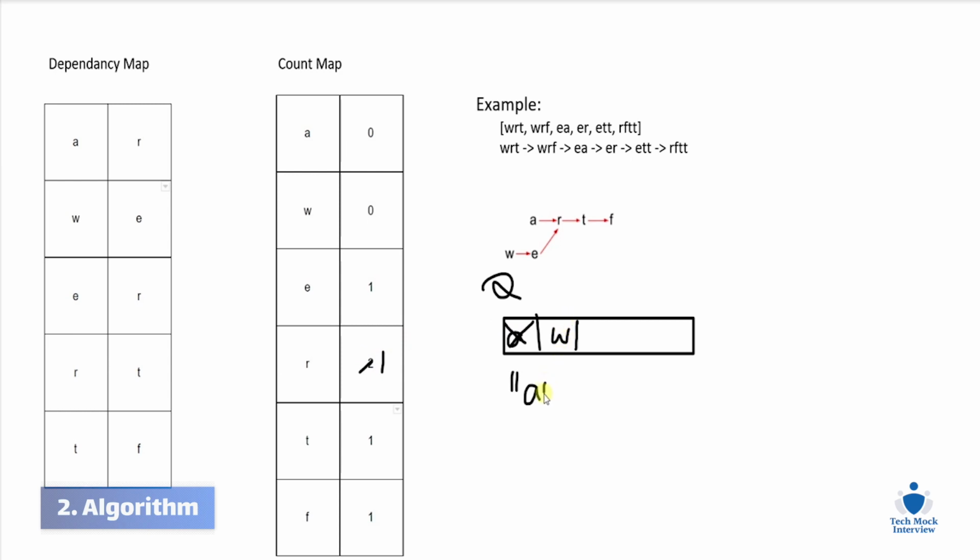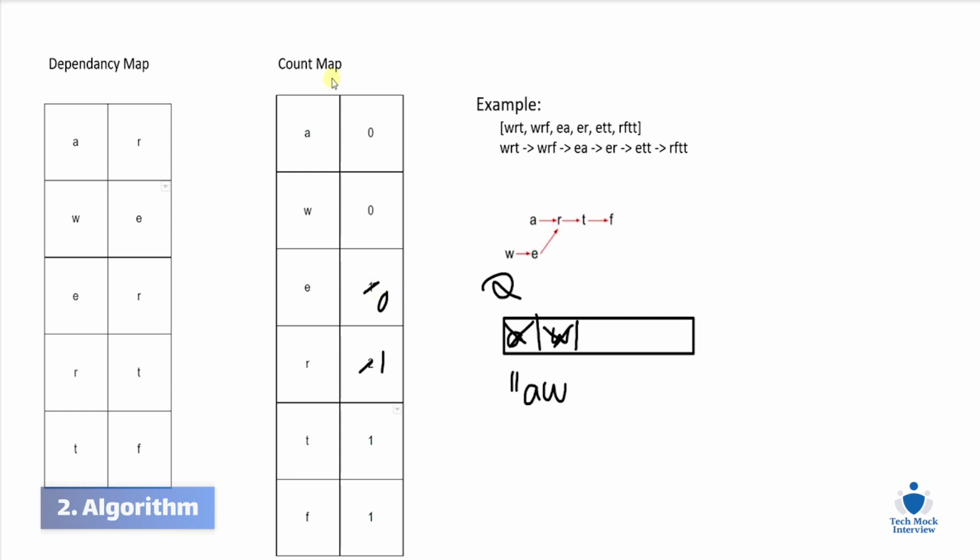Do the same thing with W as well. We look at W's dependencies in the dependency map, and it's E. So we decrease E, and it gives us 0.